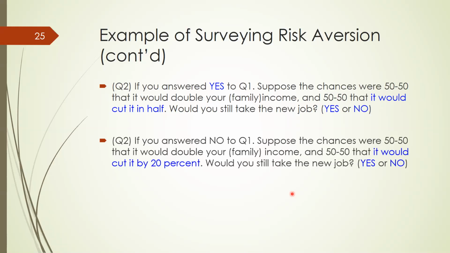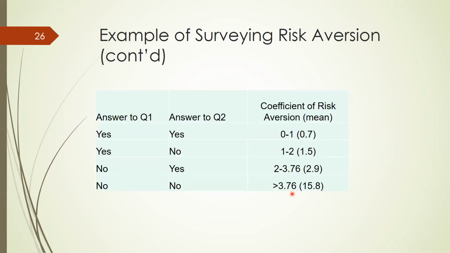Then you basically self-select into one of the 4 categories, and those categories correspond to a certain degree of risk aversion. If your answer is yes-yes, you have high risk tolerance. Your risk aversion coefficient is between 0 and 1, which is considerably low.